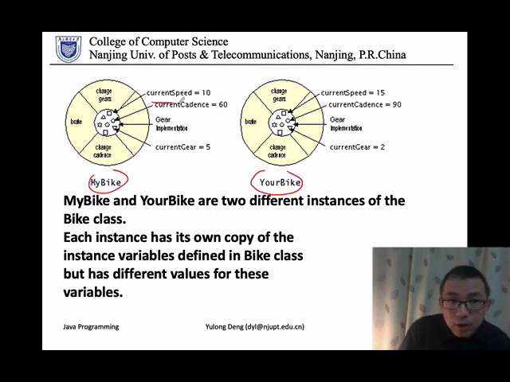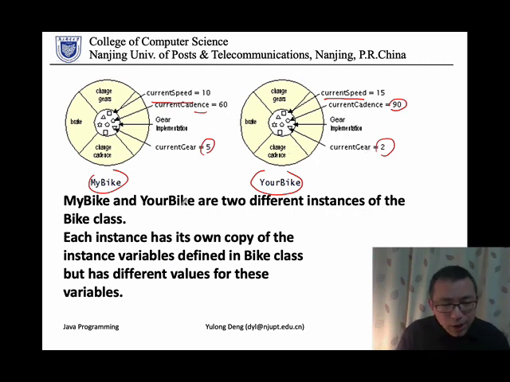For example, speed: the current speed of my bike is 10 miles per hour, and your bike's current speed is 15 miles per hour. And the cadence: my bike's cadence is 60 RPM, and your bike's is 90. And the gear: my bike is in fifth gear, but you use second gear. This is totally different.